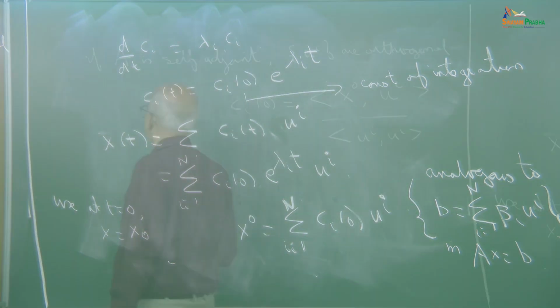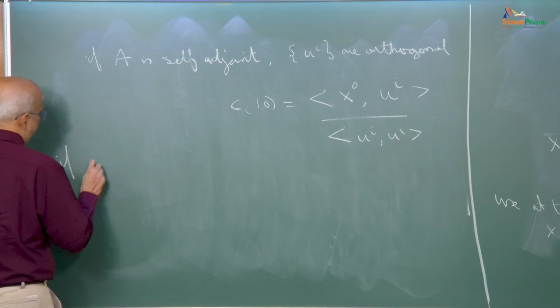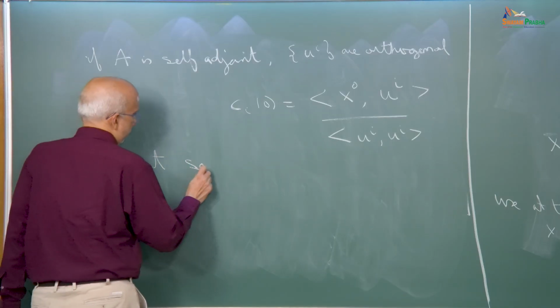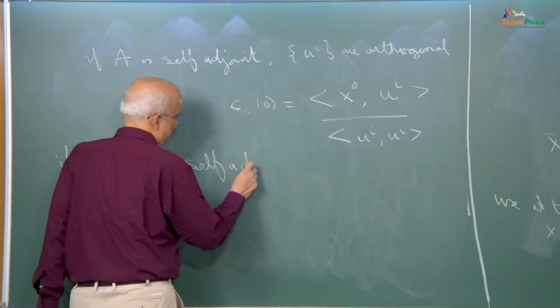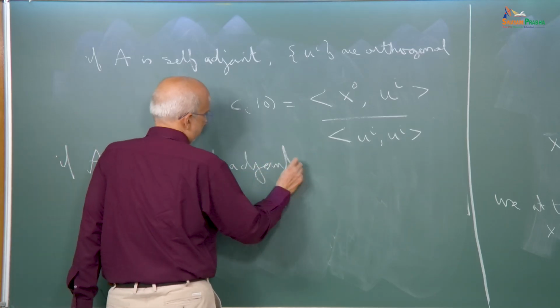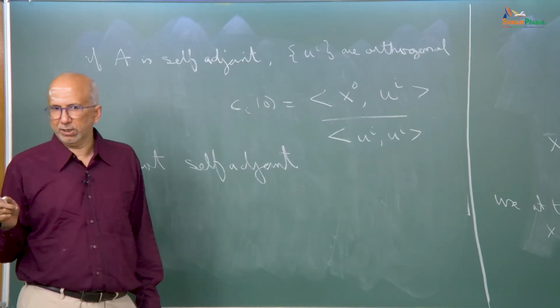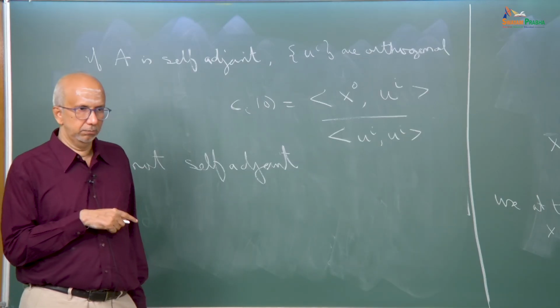And if A is not self-adjoint, then you use the bi-orthogonality which we did earlier, okay.